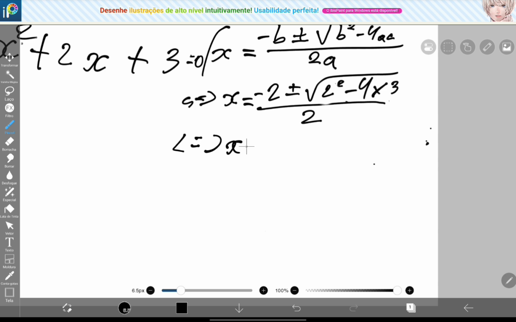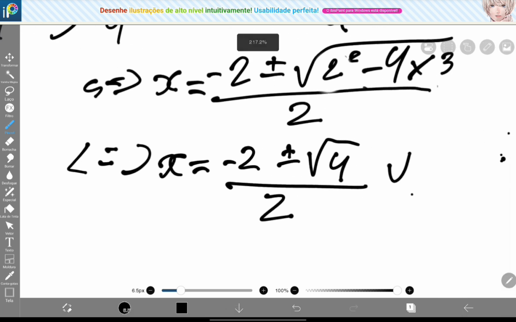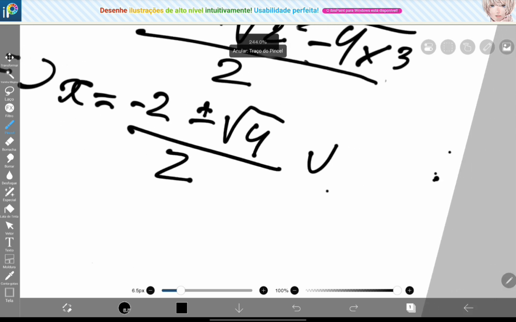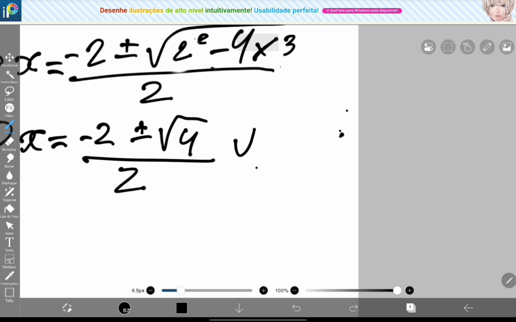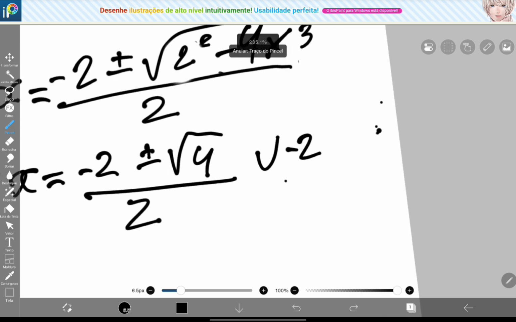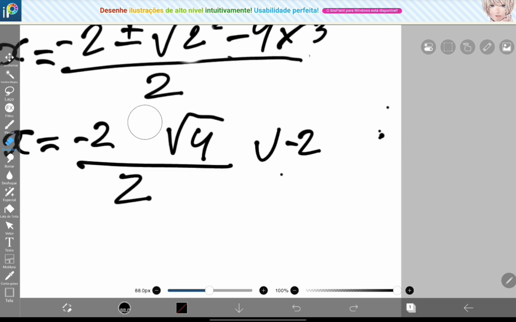So x equals minus 2 by the thing of the thing equals 4 divided by 2. But then this minus and plus, it means it also is minus and also is plus. So we kind of just do this. Erase this.